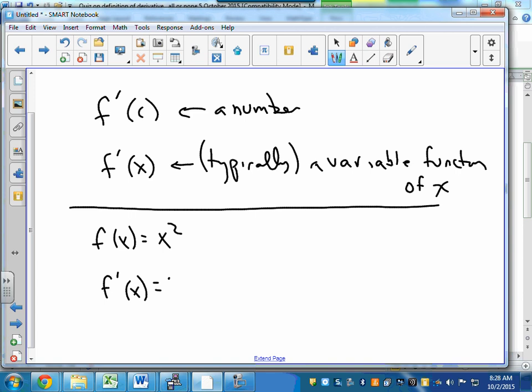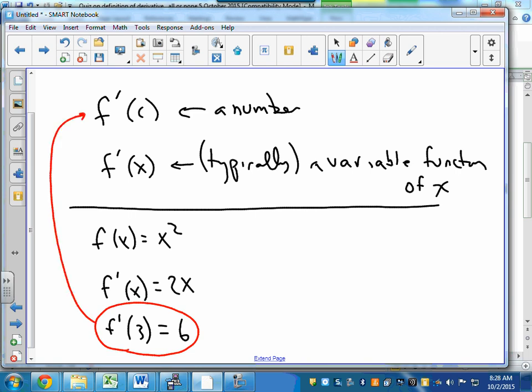That works out to be 2x. That's the power rule in action. But if I asked what was f prime of 3, that works out to be 6. So you see the derivative at a point is a number, and the derivative at any point, f prime of x, is a function. It depends on x.